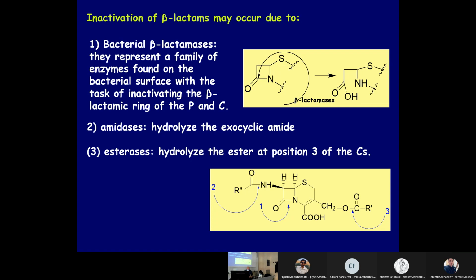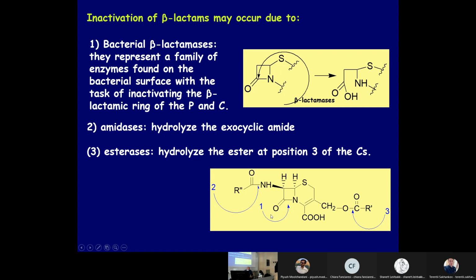They hydrolyze an important part of the side chain, and this side chain is necessary to have a strong interaction with transpeptidase.